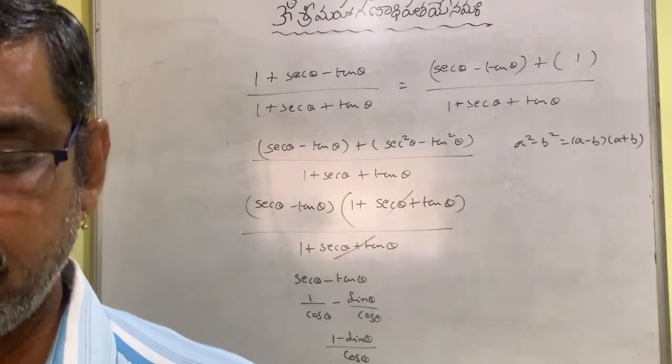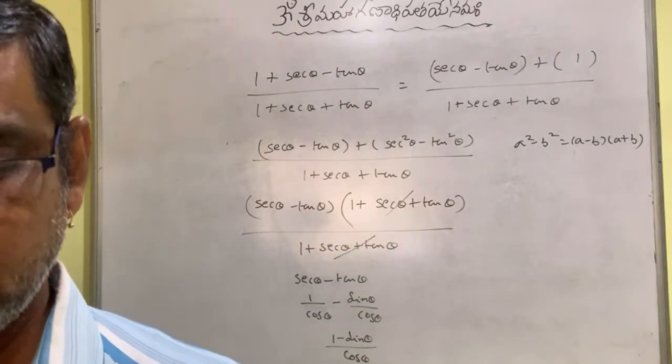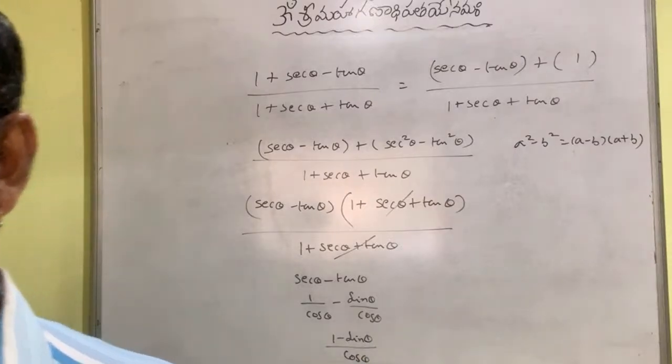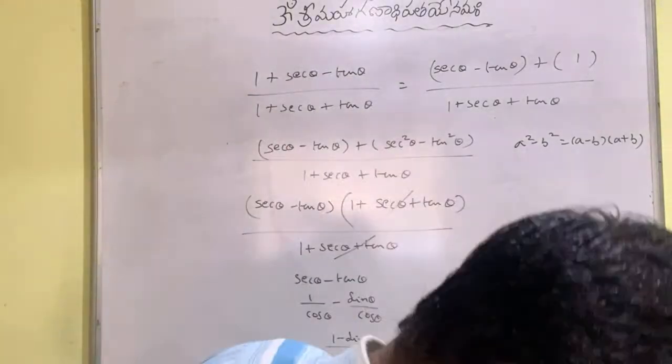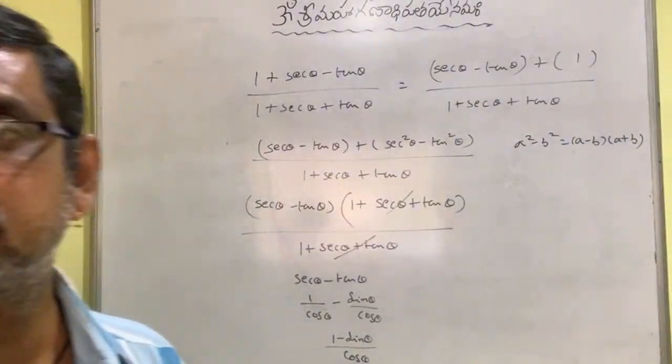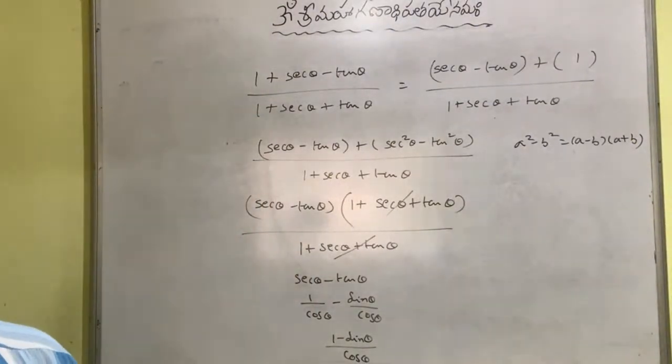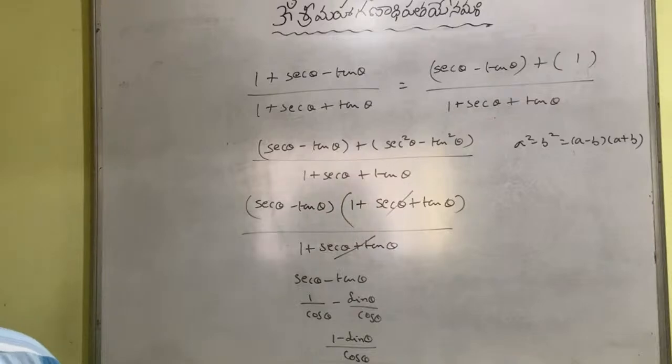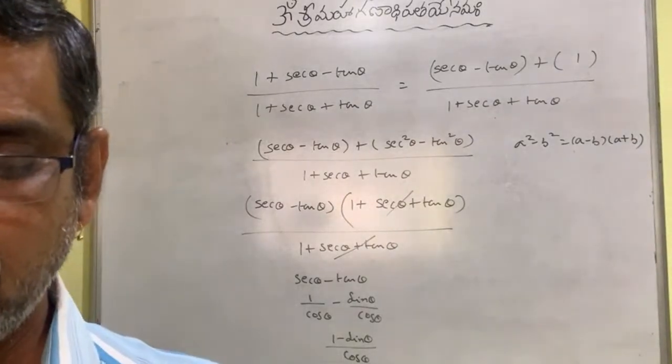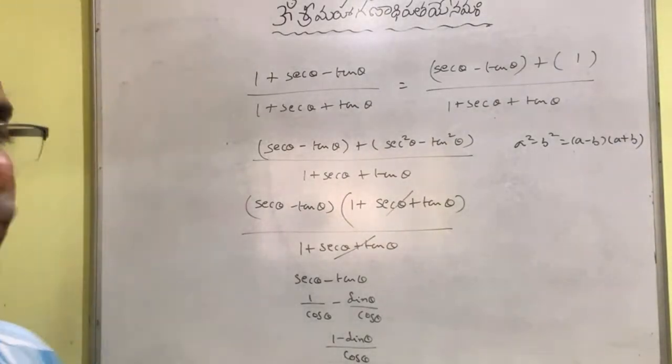Find the mean fast. Find the mean value fast. Zero to 10, 10 to 20, and so on. You have to find out the mean. Do it fast.